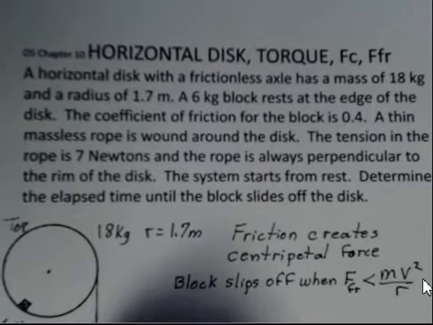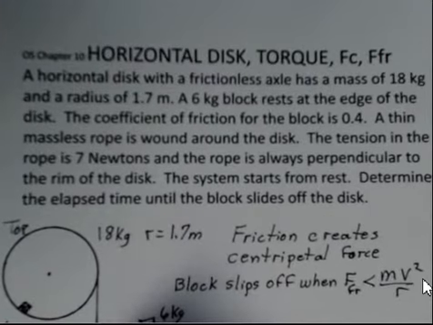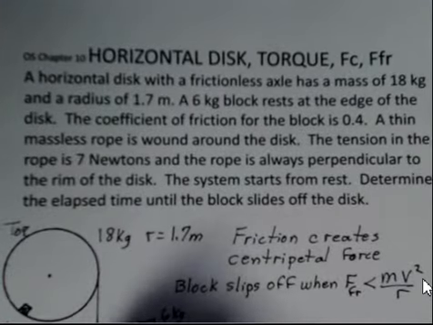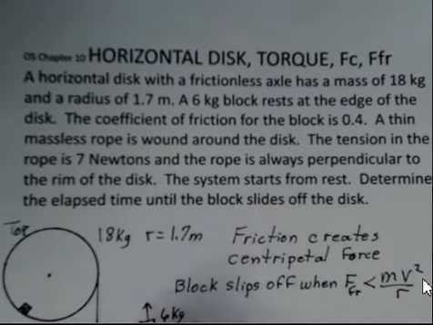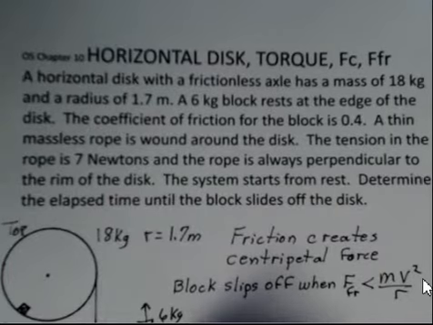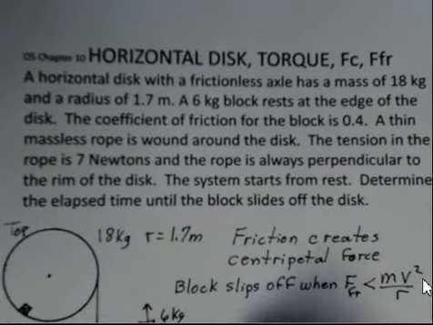I draw this from the side view. We have 6 kilograms, which creates 6 kilograms times 9.8 newtons of force, and the surface pushes back with that same number. The force of friction is the coefficient of friction times the normal force.